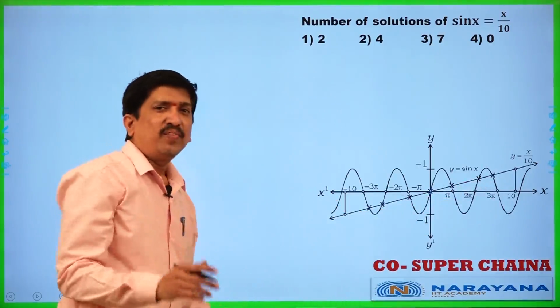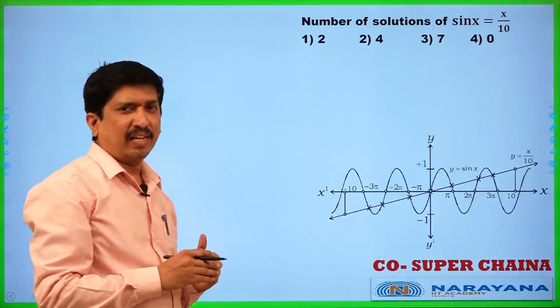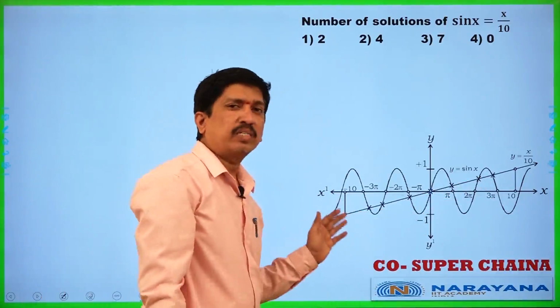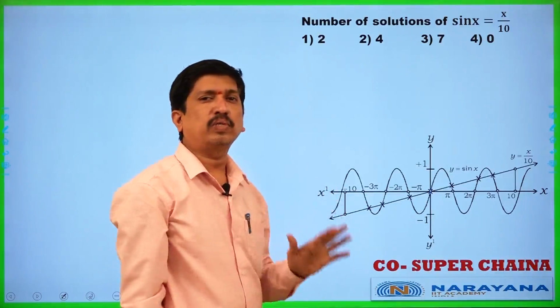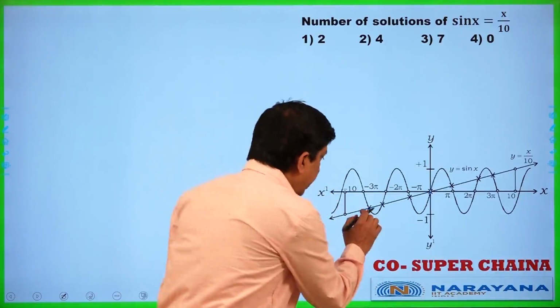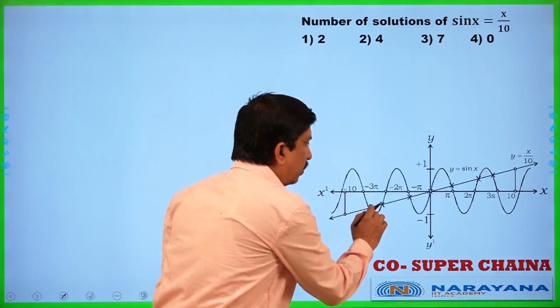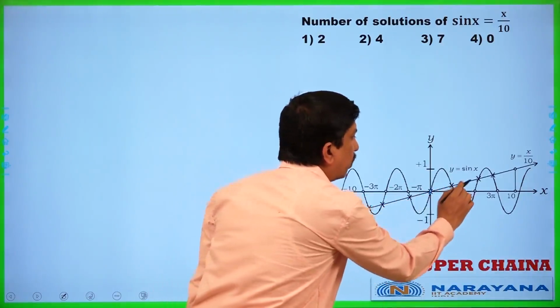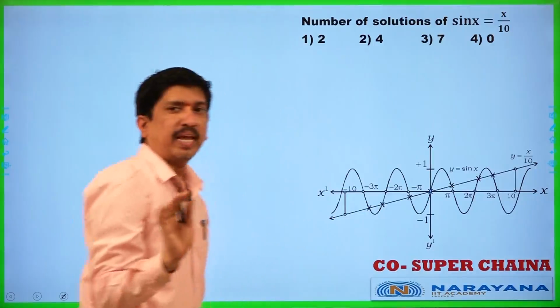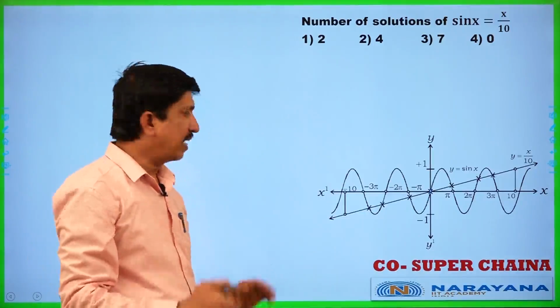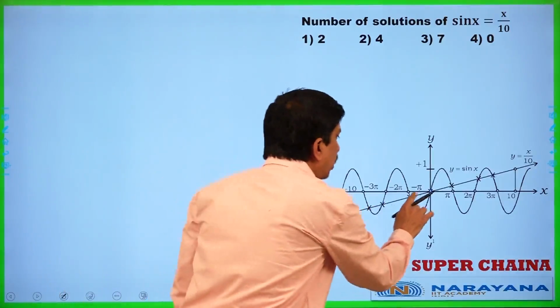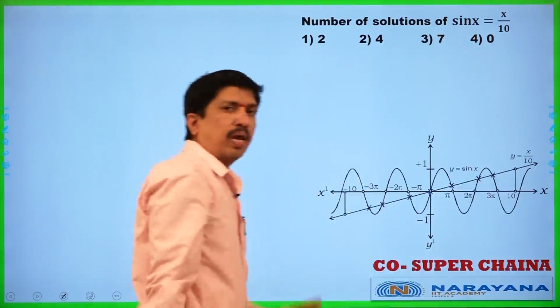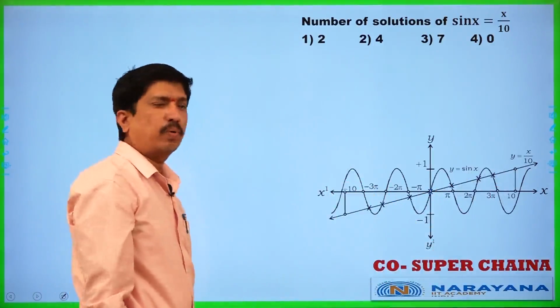Draw the graph where that line intersects; those intersecting points are nothing but the number of solutions. Now check: here 1 point, here 1 point, 2, 3, 4, 5, 6, 7. Sin x and that line intersect at how many points? 1, 2, 3, 4, 5, 6, 7. So the number of solutions is 7 only.